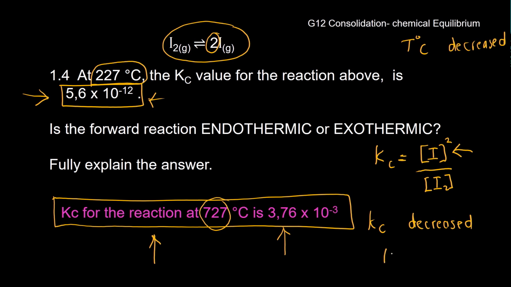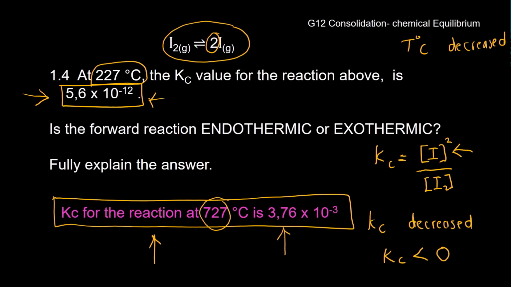Remember we spoke about this in the first video, that Kc, if it is smaller than 0, then we're talking about our concentration of products being lower. So with a decrease in temperature, the concentration of I is less.